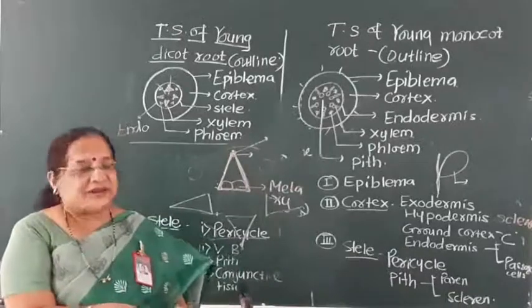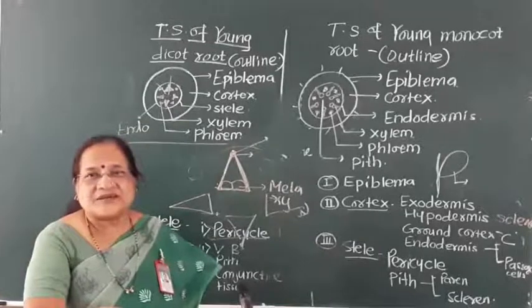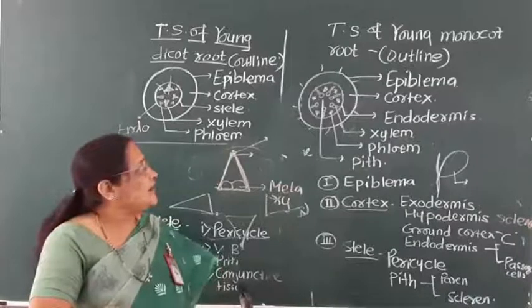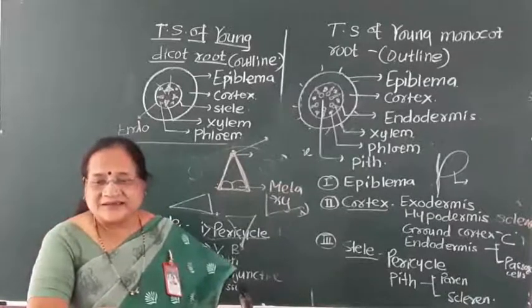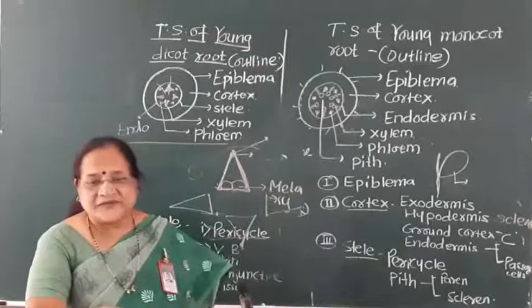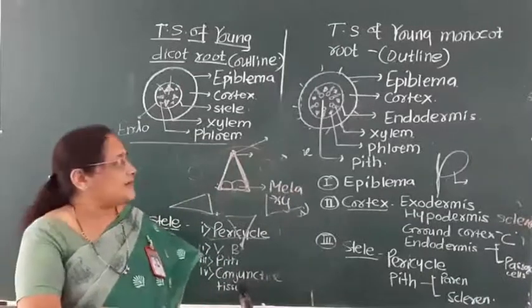First we get the epiblema, also called the epidermis or the piliferous layer, which is the outermost layer and generally single layered. In this piliferous layer, cells are thin walled and closely packed.